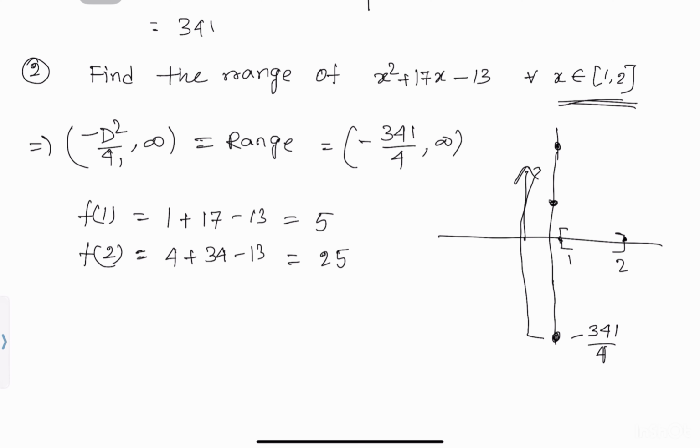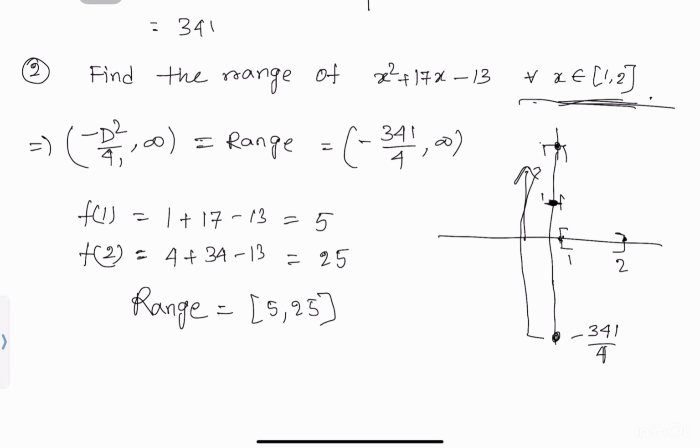That means the range is from here to here. Yes or no? Yes. So the required range is 5 to 25. Clear? Again, when our domain is the whole real number, the range is minus 341 by 4 to plus infinity. But here our domain is restricted to 1 to 2, so I have to check the corresponding functional values from 1 to 2.